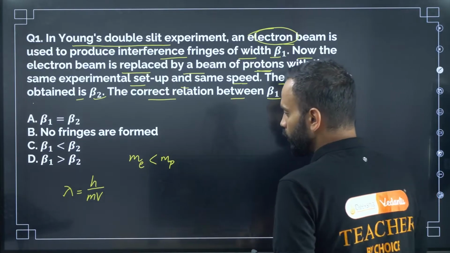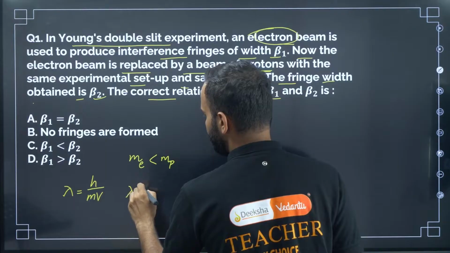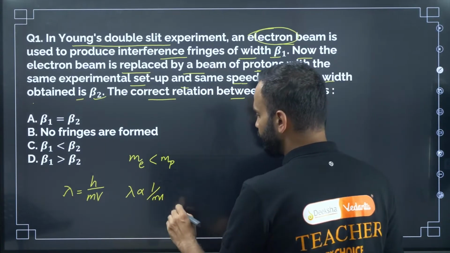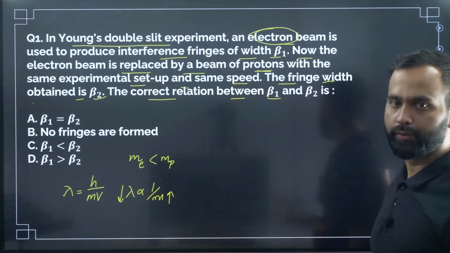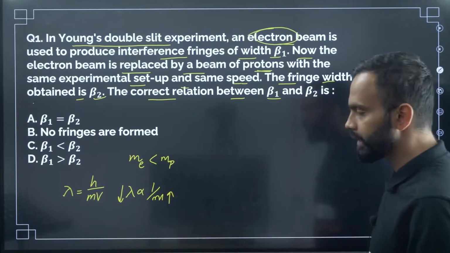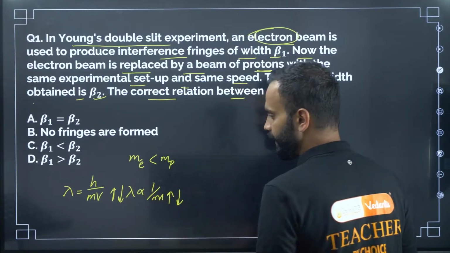So from this I can conclude that lambda is inversely proportional to mass of the particle. As the value of mass increases, lambda will decrease, and vice versa. If the value of mass decreases, lambda will increase.